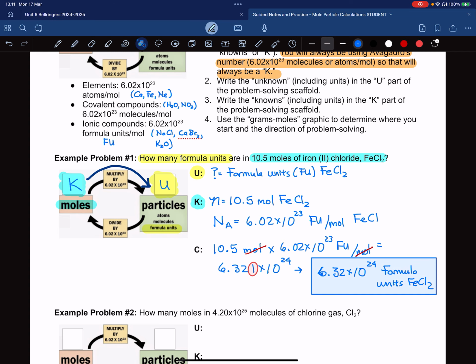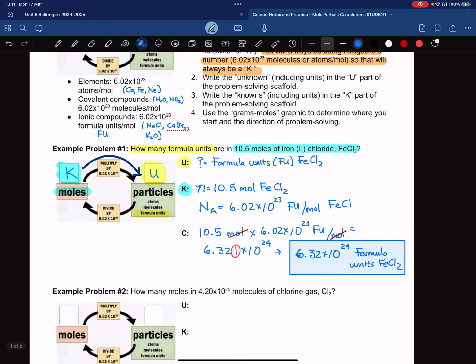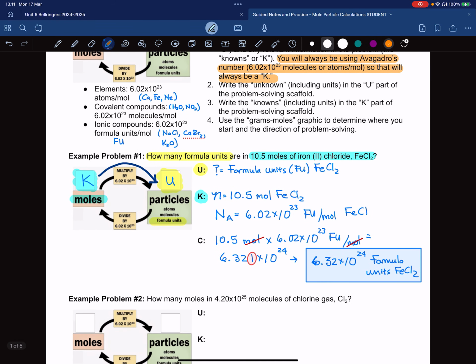And there's my final answer. All right, moving on. Actually, I want to go ahead and highlight that in orange because that's the one that we always have, Avogadro's number.